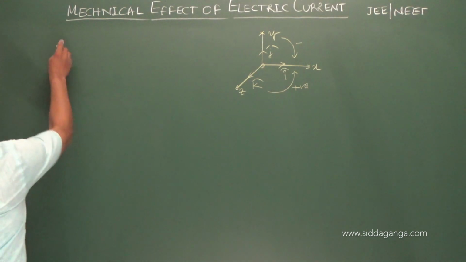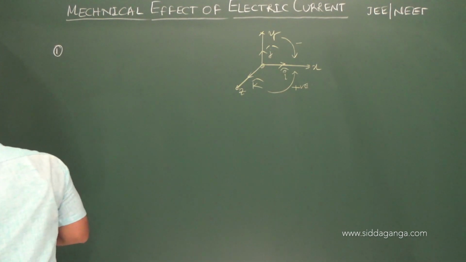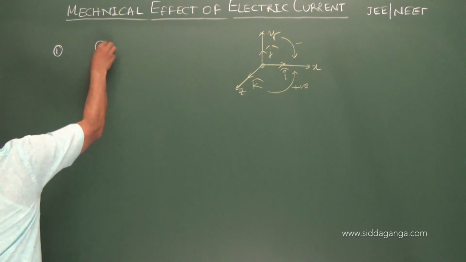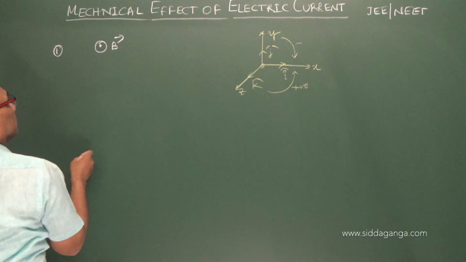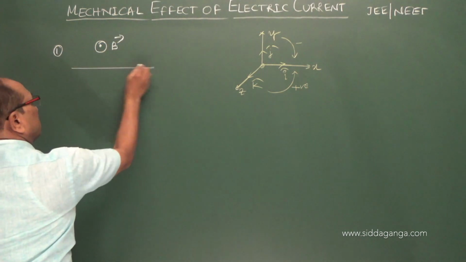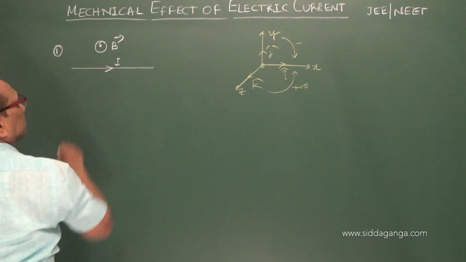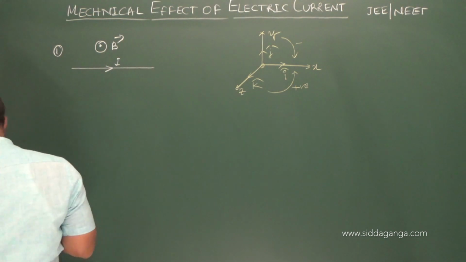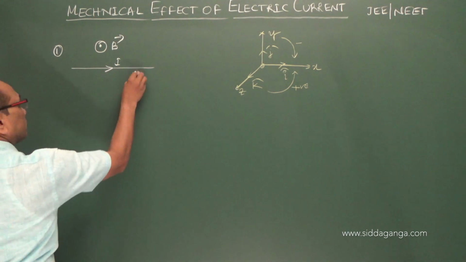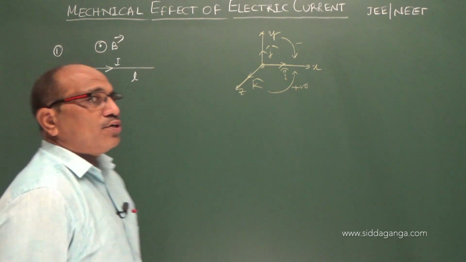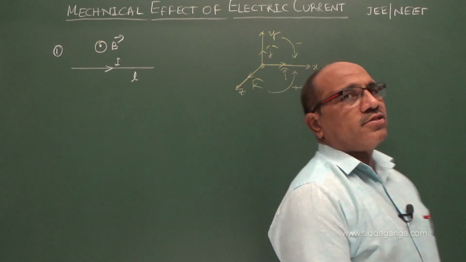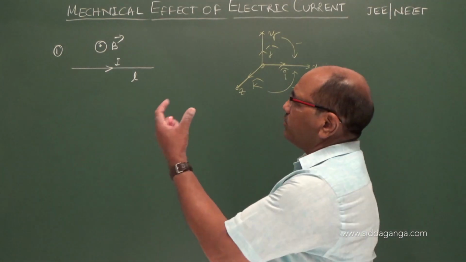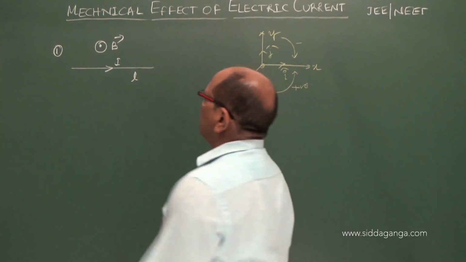Now take example 1. The magnetic field is perpendicular to the board, outward, and the conductor of length L is carrying the current I in this direction. What force does it experience? In vector form we can see it more easily.